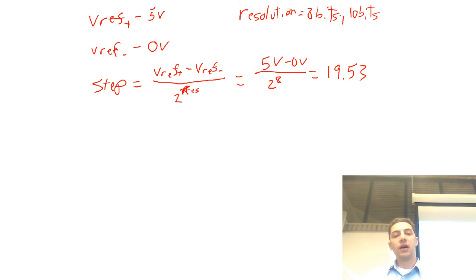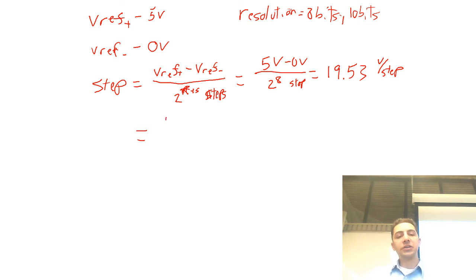Well, I've got volts on top and steps on the bottom. So I would say that that's 19.53 volts per step. Volts per step. So every step means that you've gone an additional 19.53 volts.